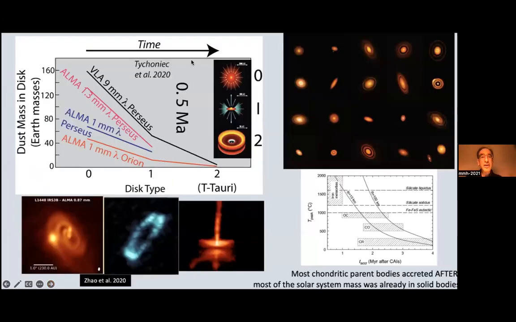The early stuff matters because as we look at the evolution of protoplanetary disks, which we see here in the radio telescopes like ALMA and the Very Long Baseline radio telescope in the southwestern United States, we see that these disks evolve very, very rapidly within the first 500,000 years. And as they evolve, the amount of dust in these systems goes down by about an order of magnitude in the first 500,000 years.